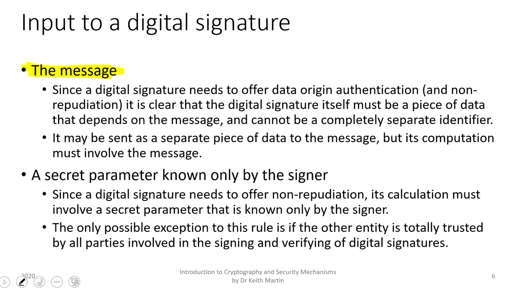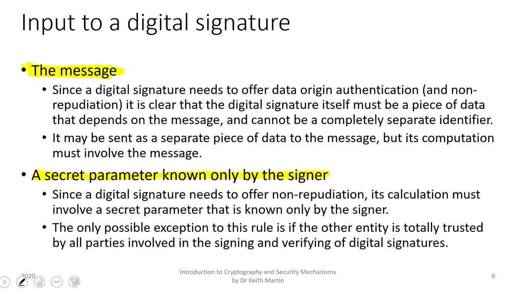In addition to that, the digital signature will also need to use some secret parameter that is only known to the signer. Because only if we use a secret parameter that is only known to the signer, can we satisfy the requirement of non repudiation.